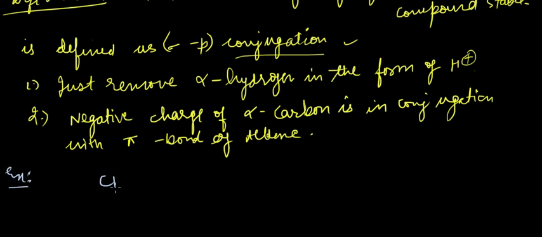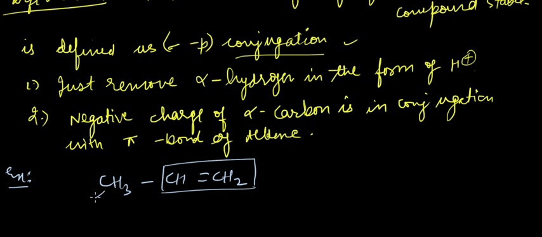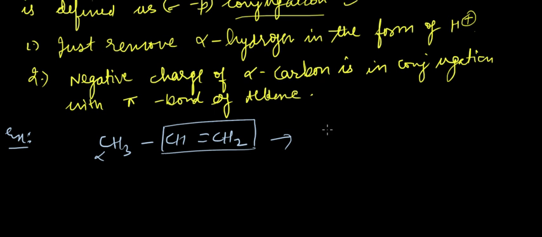Now let us take some examples so that you can better understand it. We have something like this. In this case, this is the alkene group. So what is the alpha carbon here? This is the alpha carbon. Let's remove one hydrogen atom from here. So we get CH2 with a negative charge. The hydrogen atom is detached from this carbon atom, and we have this structure, right?